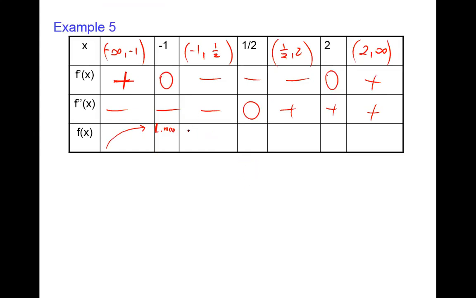Let me just draw it like that. Then after the inflection point, the function is still decreasing, but concave up. And then it's a local minimum and up to a local maximum. That way we can nicely see the shape of the function.